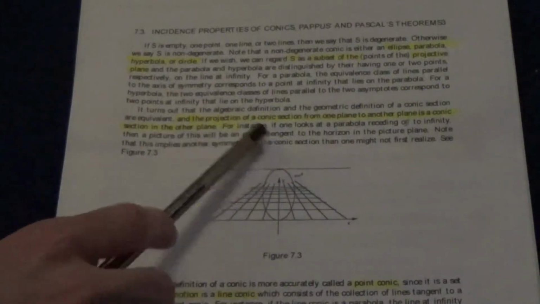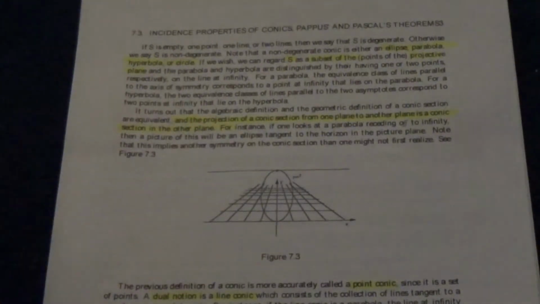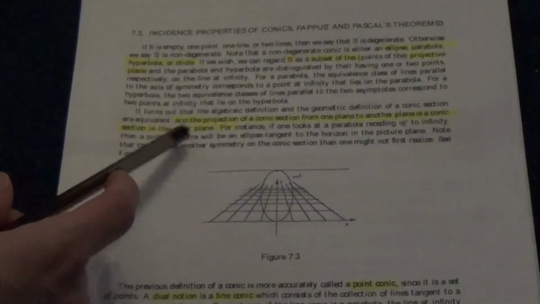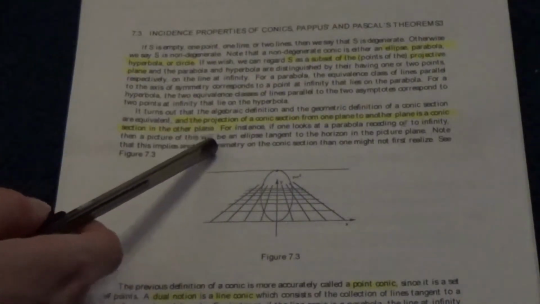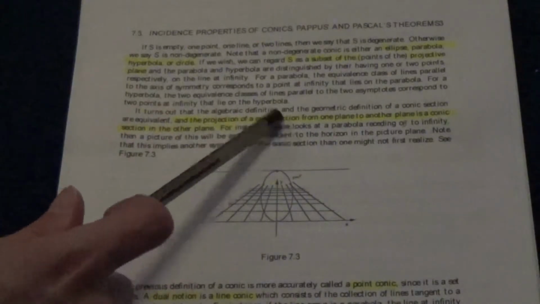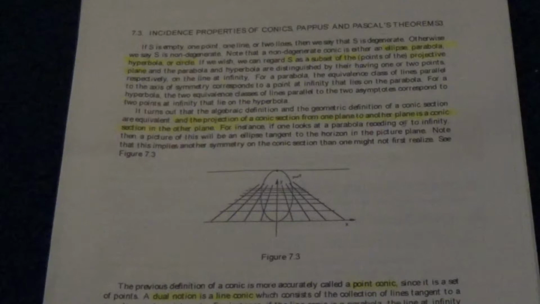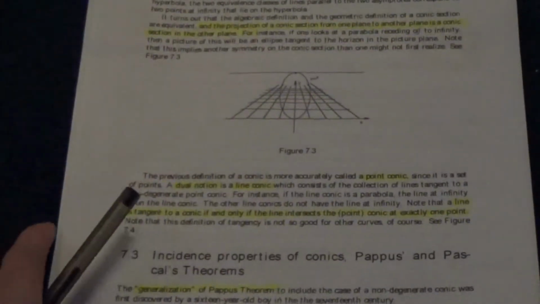The projection of a conic section from one plane to another plane is a conic section of the other plane. This is what I was trying to foreshadow earlier. So it says that there's basically a correlation between the algebraic definition and the geometric definition of a conic section. And so there are some interesting results you can see about the point conic.